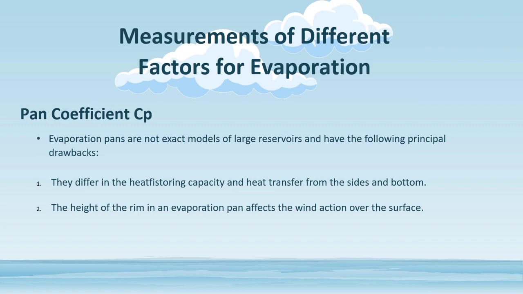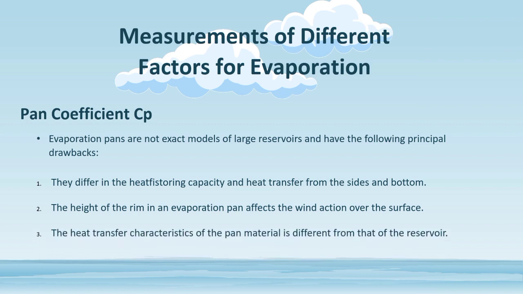And number three, heat transfer characteristics of the pan material is different from that of the reservoir. So, all in all po, nagmamatter po ang placing ng evaporation pan sa heat storage and heat transfer. And also po, nagmamatter kung ano po ang material na ginamit sa paggawa ng pan sa heat transfer.